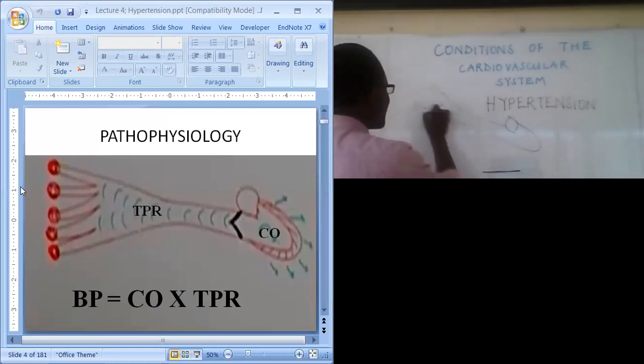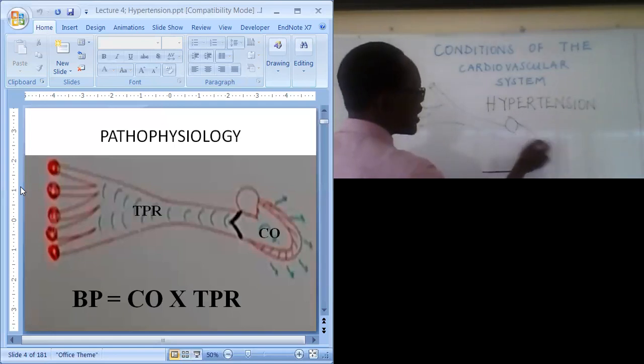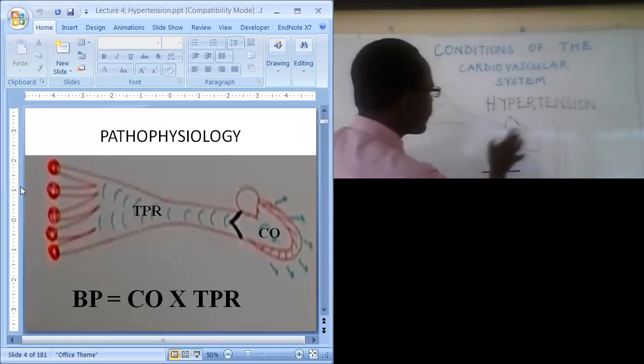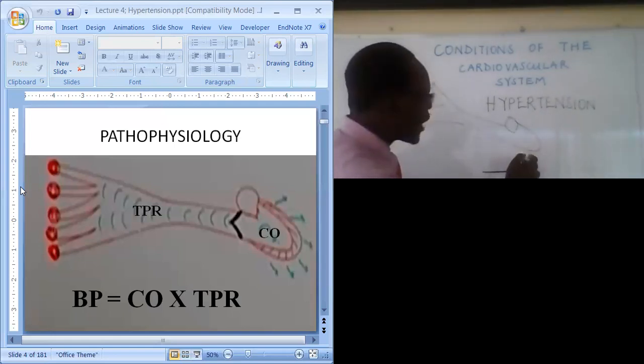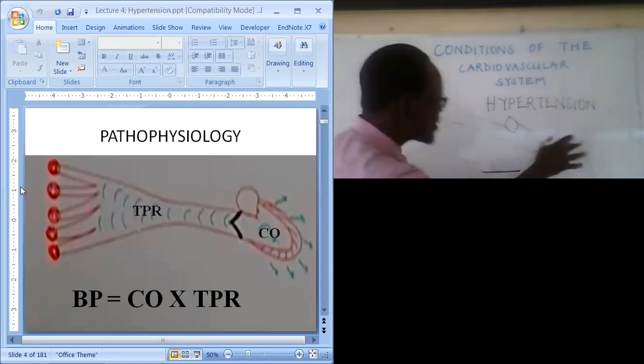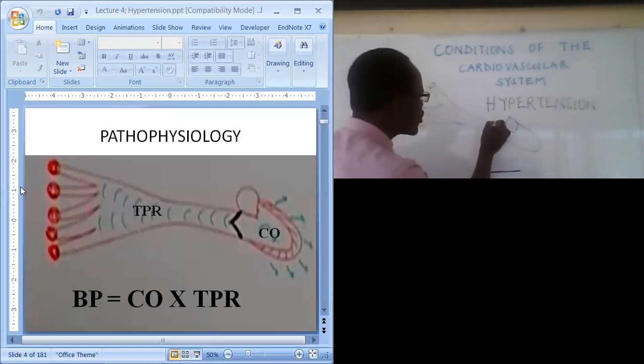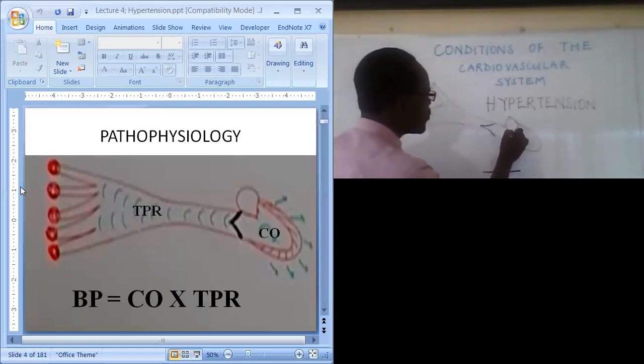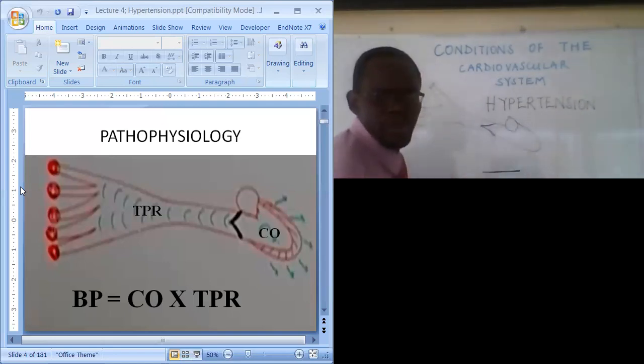Strictly, we're taking an example. This is the left part of the heart. Then these would be your aortic valves, and this one would be your mitral valve.